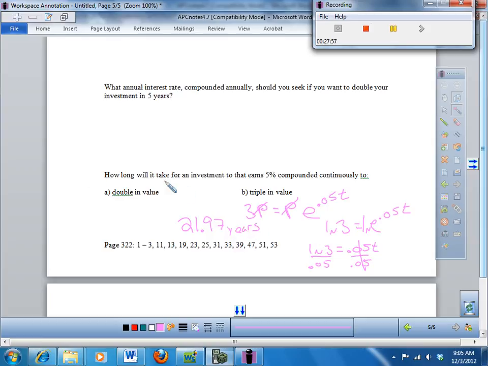So how long will it take for an investment that earns 5% compounded continuously to triple in value? It'd take 22 years, right? But still, that's not that bad. So even though that's not a very good interest rate, in 22 years, if you invested $10,000 at 5%, you'd have $30,000, right?